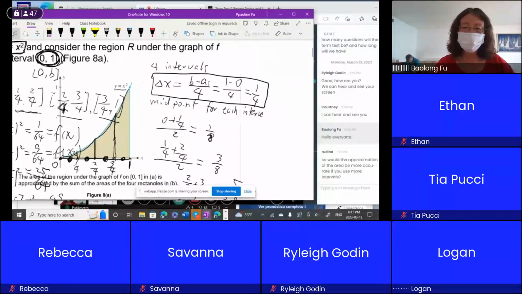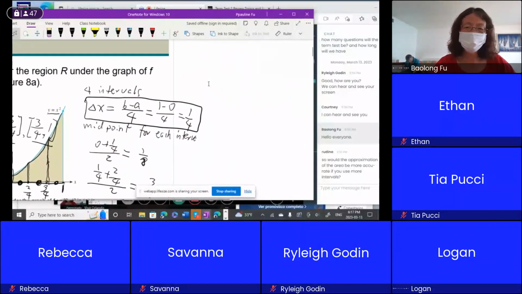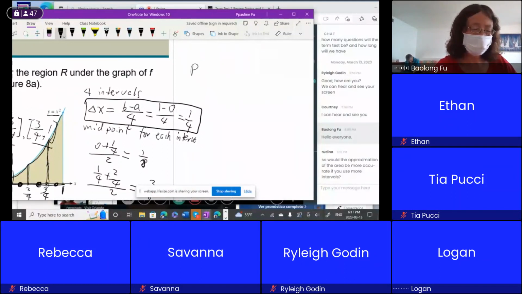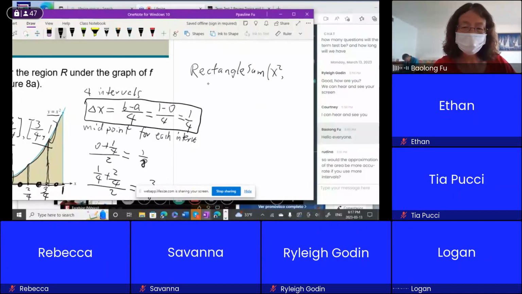You type in this command: rectangle sum, opening bracket, type in the function, type in the interval, original interval is from 0 to 1, and then the last parameter tells the computer if you want to use midpoint, or left point, or right point.